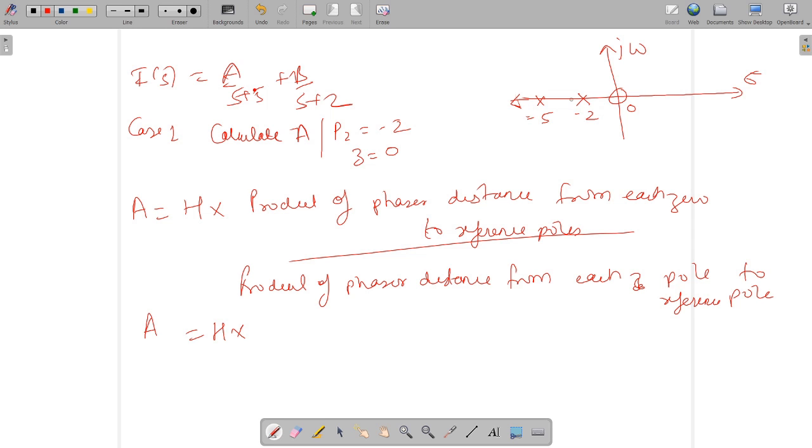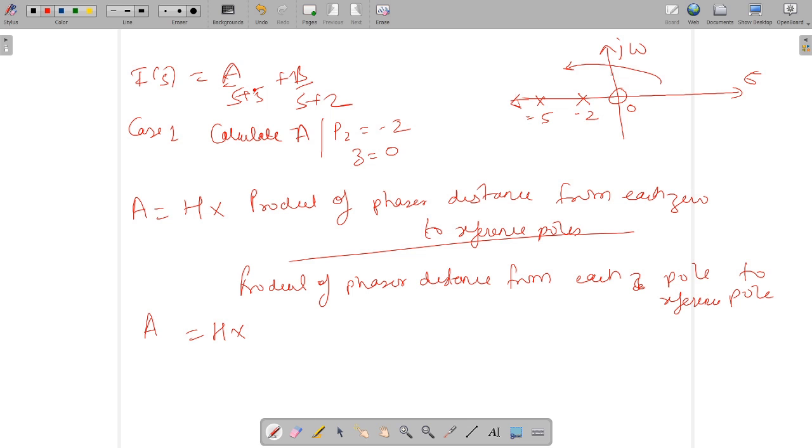When you are going to find the phasor distance, you will have to take both magnitude and phase. When you are taking the phase, you will have to move in the anti-clockwise direction. So when you are moving from this point to this point, you are moving in the anti-clockwise direction.